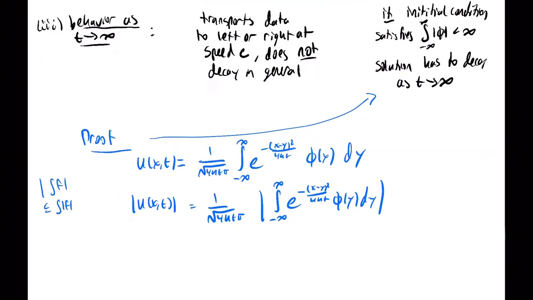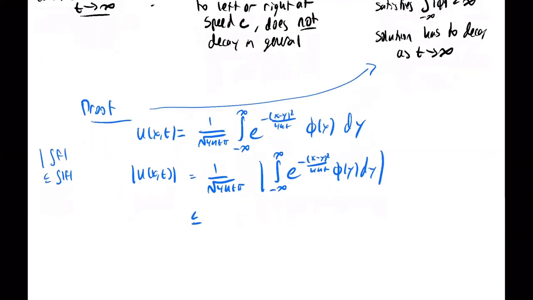And so if I use this inequality, well, then this is always less than or equal to, well, everything is positive except possibly the initial condition phi. And so I'm left with 1 over the square root of 4 k t pi, integral from minus infinity to infinity, e to the minus (x minus y) squared over 4kt, and then the absolute value of phi of y dy.